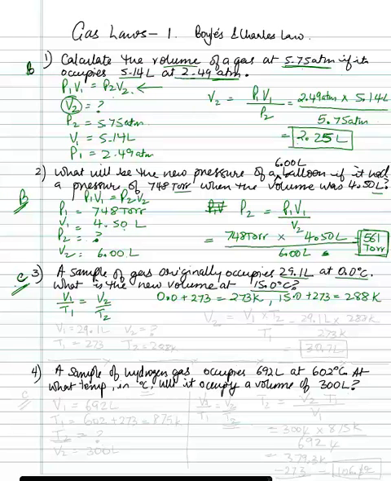V1 is 29.1 liters, T1 is 273 Kelvin, V2 is what we are calculating for, and T2 is 15 degrees Celsius, which is 288 Kelvin.